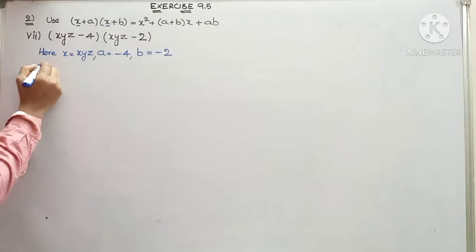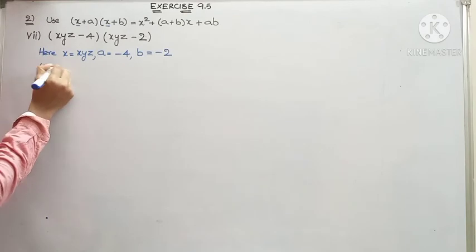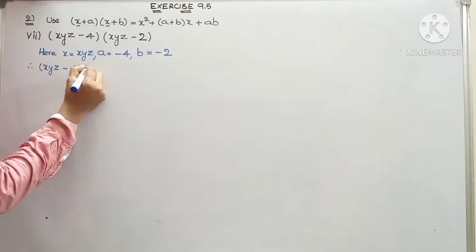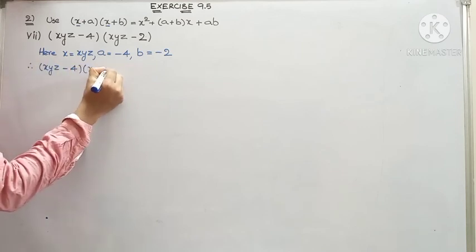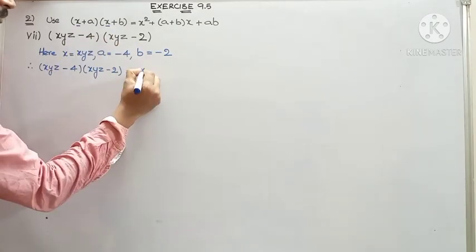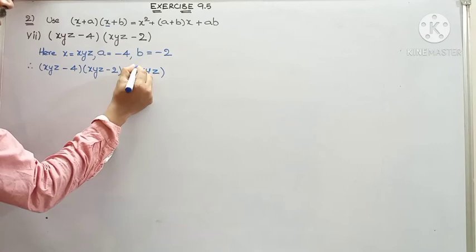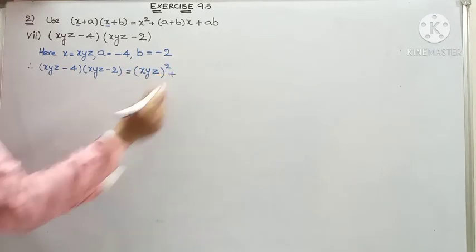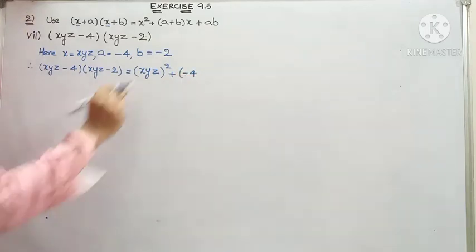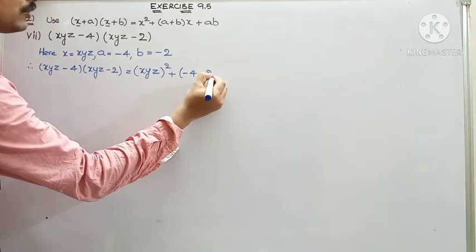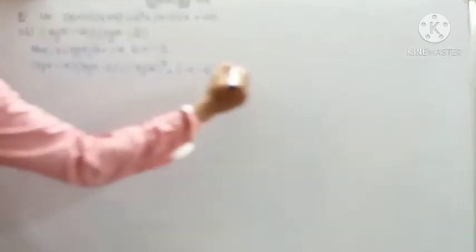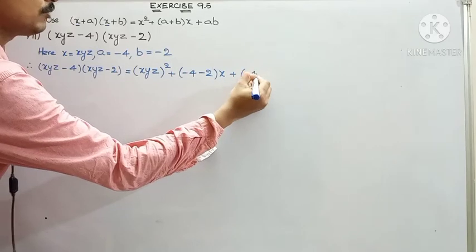Apply the identity carefully. (xyz − 4)(xyz − 2) is equal to the value of x², that means (xyz)², plus the value of a is −4 and the value of b is −2, multiplied by x, plus −4 into −2.